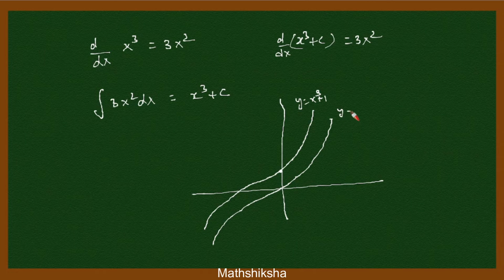This is x cube. This is, say, minus 1. So y is equal to x cube minus 1. So these will represent, you can say, family of parallel curves. इनकी यहाँ पे टेंजेंट ड्रॉ करेंगे, you will have parallel tangents.